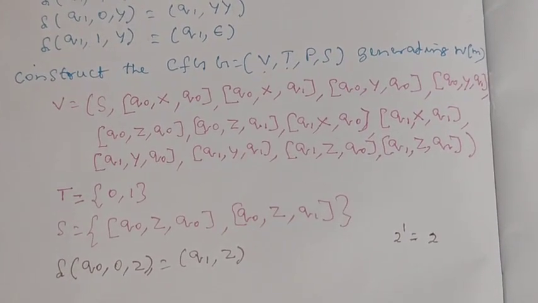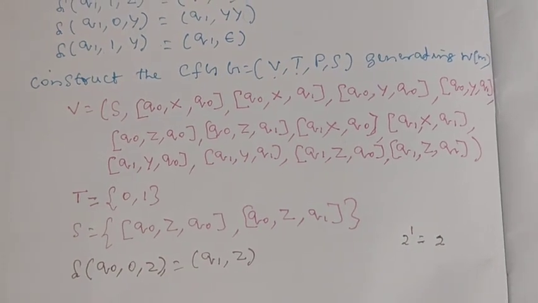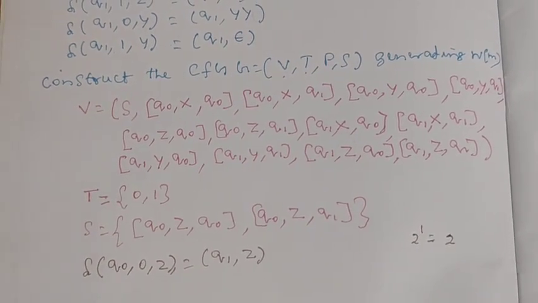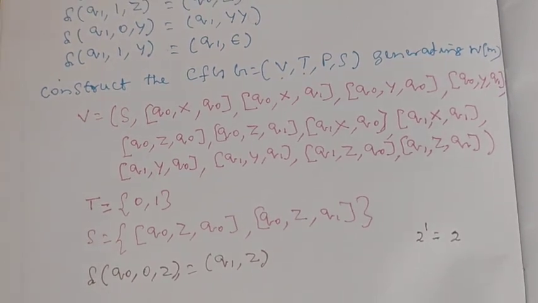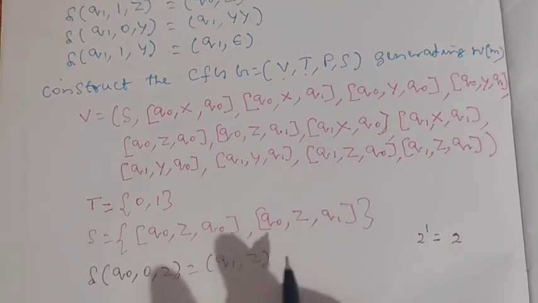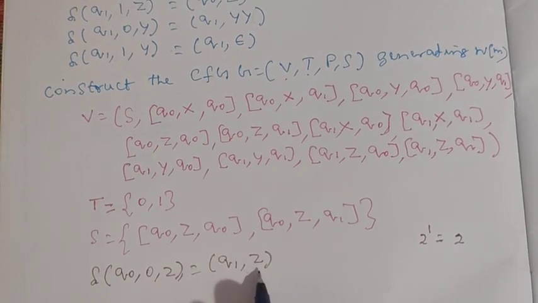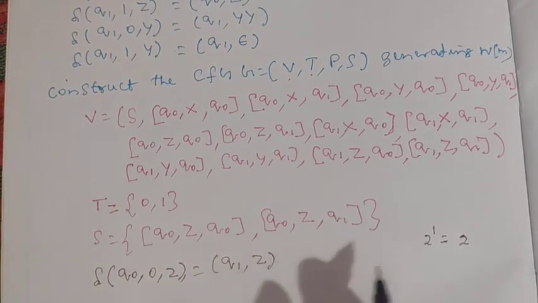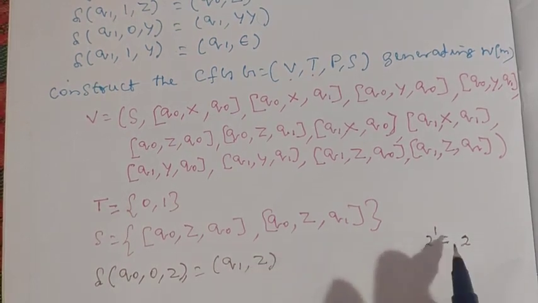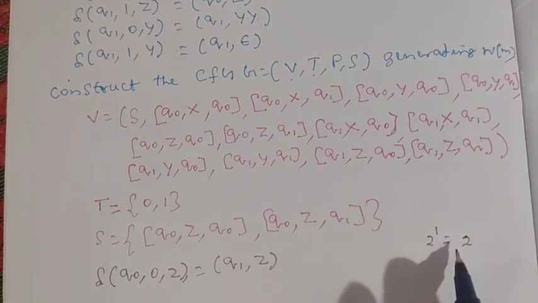That means we can have only two productions for this particular transition. The stack symbol is Z. After the transition, only one symbol is there, so 2 to the power of 1 is equal to 2. That means you can write two productions for this.